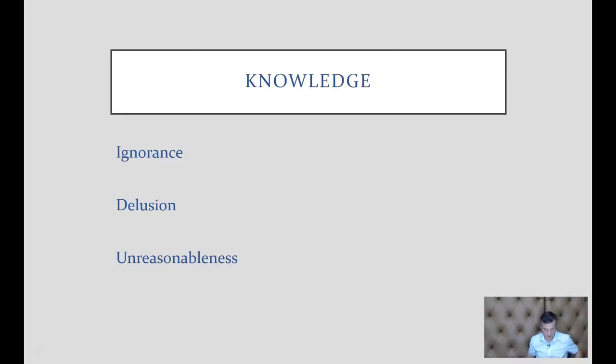So the next sort of cluster of terms to describe human predicament focuses around knowledge, or really the lack of it. And so you'll see it described as the cause of our suffering. The cause of human predicament is ignorance, or it's delusion, or it's unreasonableness, right?